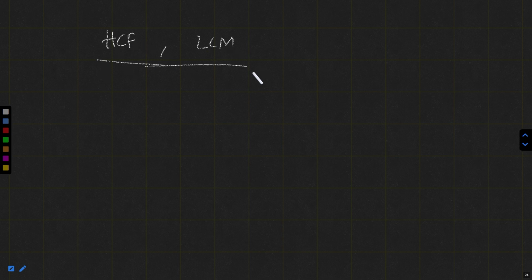In our initial lecture we discussed HCF and LCM. HCF stands for highest common factor. The HCF between two positive integers is the highest common factor between them.